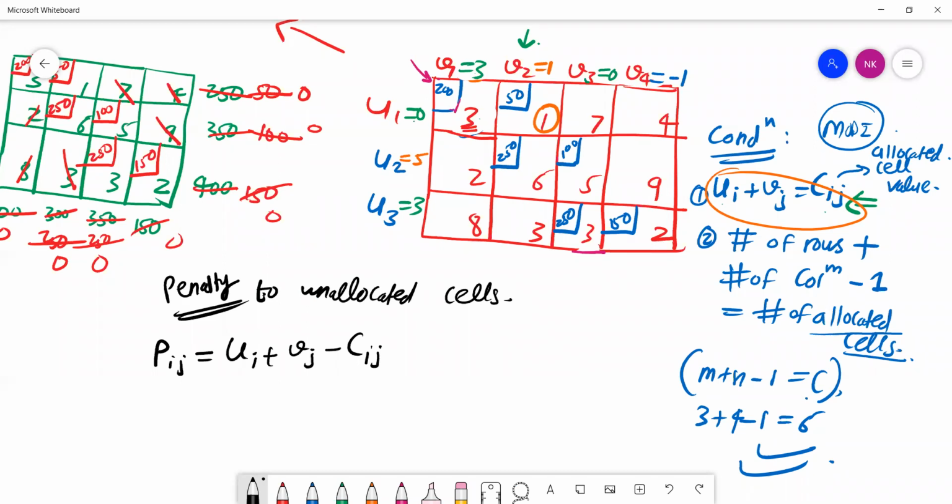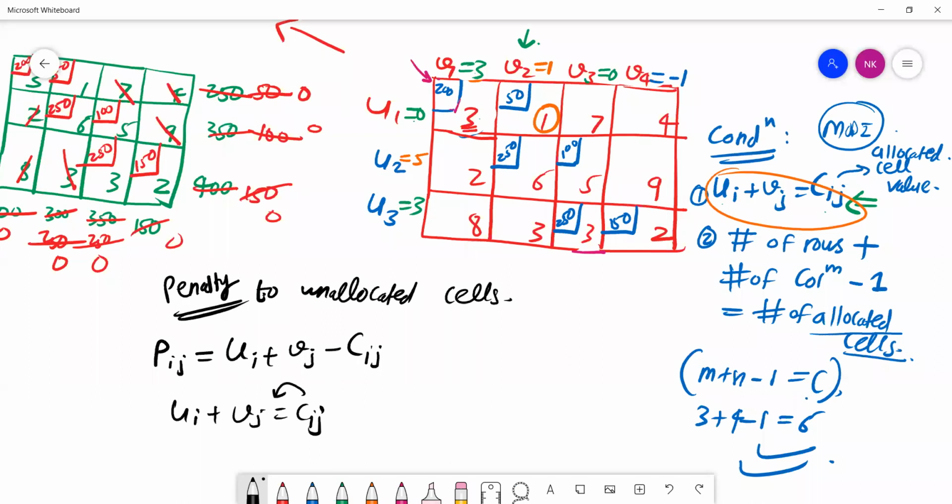It is the same formula that we were used to writing, Ui plus Vj equal to Cij. Instead, I have simply taken Cij to the left side and written this formula of penalty. Initially we had Ui plus Vj equal to Cij, but now I have taken this to the left side, and that will be the penalty value.